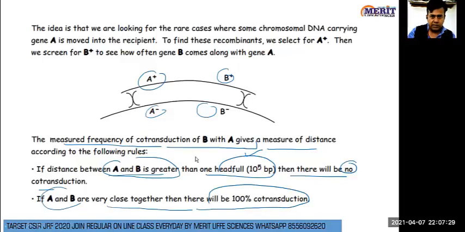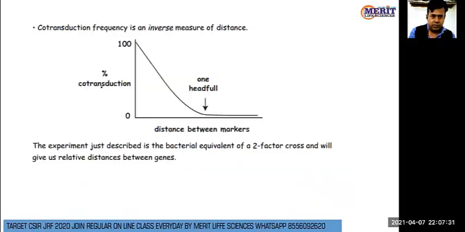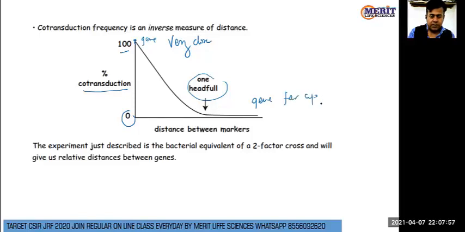So we can draw a graph of co-transduction from 0 to 100. What does 100 indicate? The genes are very close. And as one headful is packaged, the genes that are far apart will not be co-transduced. So the packaging is done.